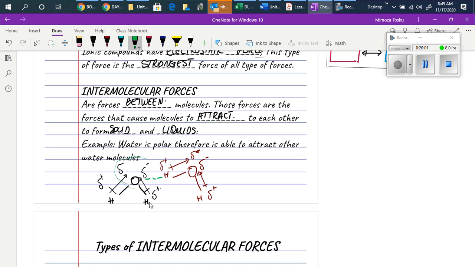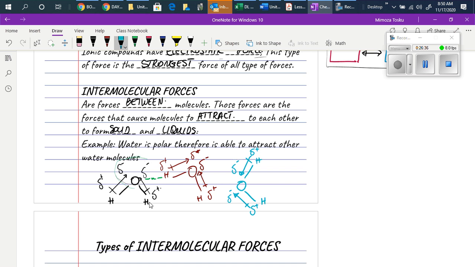Okay, and this is the intermolecular force between the two. Now, let's suppose that we have a third molecule here. So we have oxygen here, and we have two hydrogens. And the same thing is happening here. The dipole moment is toward the oxygen, leaving oxygen slightly negative and hydrogen positive.